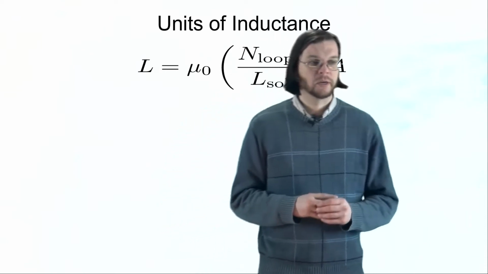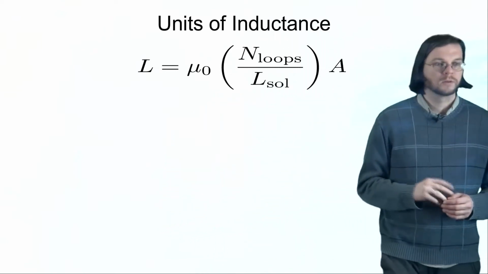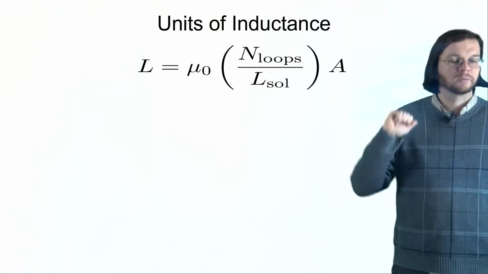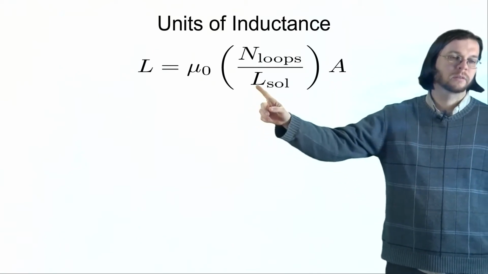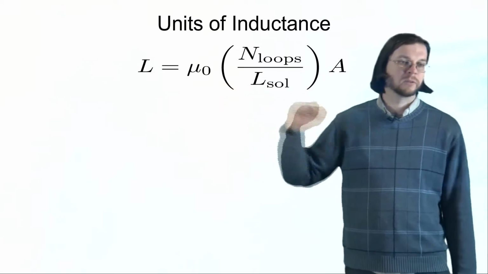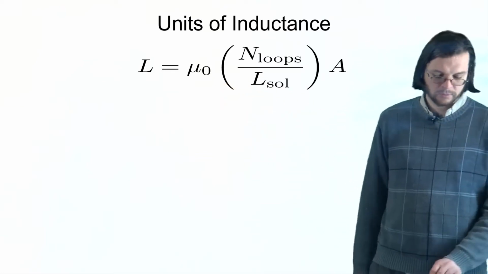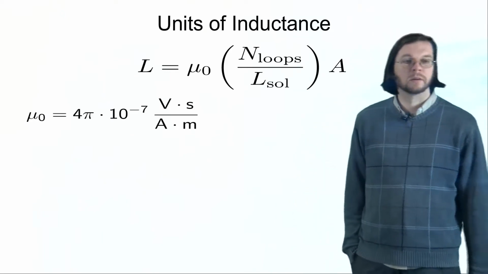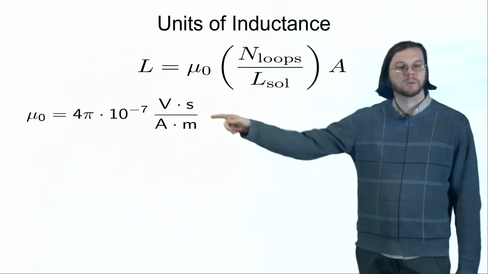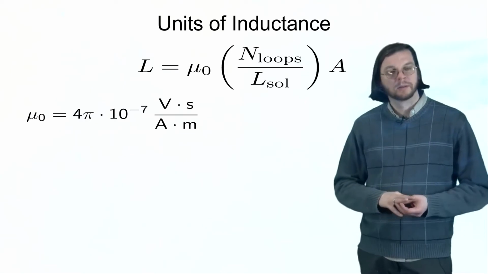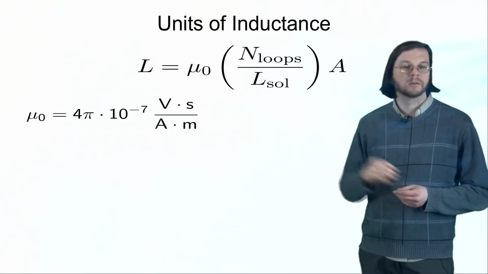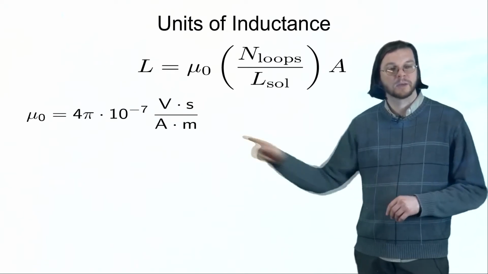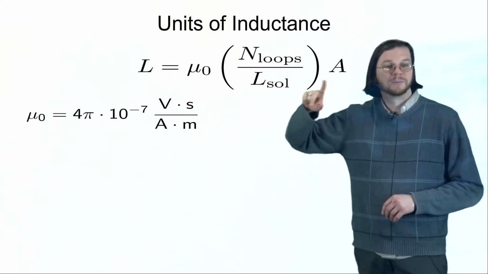I'm glad you asked. We know that this is the area of the solenoid, so that's meters squared. We know the physical length of the solenoid is meters. And then we also know what the units of the magnetic permeability are, so we can put that together and try to figure out what the units of inductance are. It turns out the magnetic permeability is something like this. There are a couple of different ways of writing the units of magnetic permeability, but this is one of them. That's amps down there.